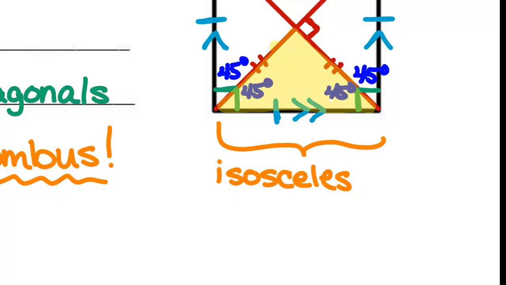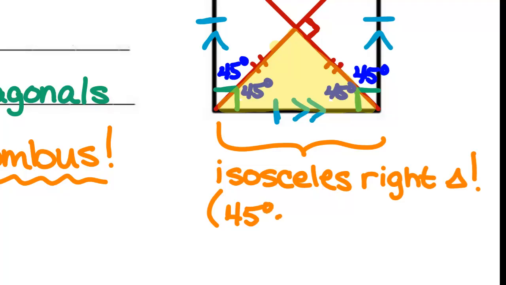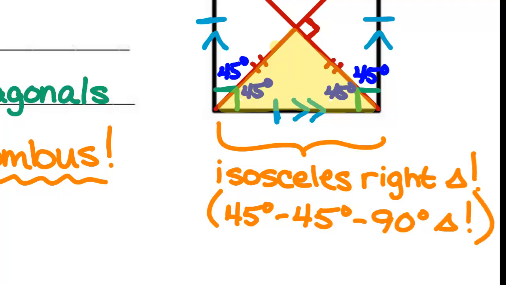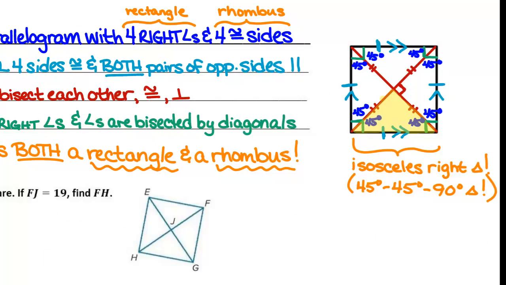It's not just isosceles. It's a 45, 45, 90. So this is an isosceles right triangle, or a 45, 45, 90 triangle.